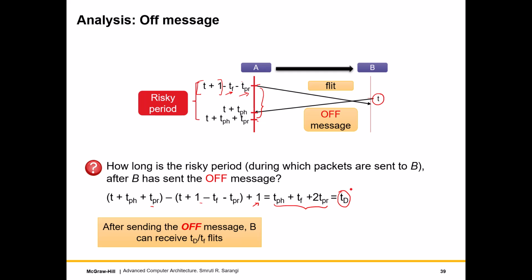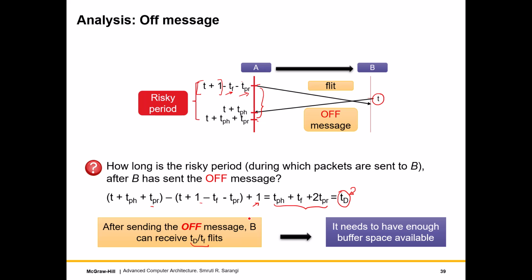So pretty much TD is the length of the risky period, which means that B can receive TD by TF flits. So in a sense, after sending the off message, these are the number of flits it can have, which basically means that it needs to have enough buffer space available. In this case, what is enough? It is basically TD by TF it needs to have available, right?